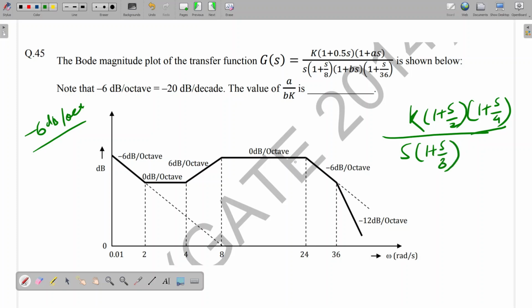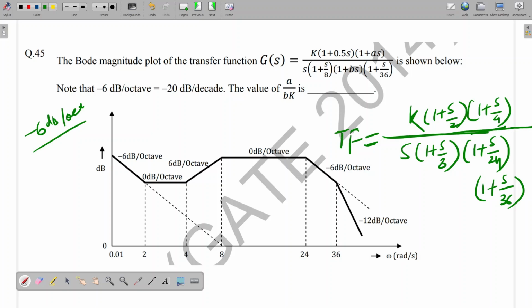Again at 24, one pole is coming, so 1 plus S by 24, and at 36 also one pole is coming, so 1 plus S by 36. This formula only I have told. So this is the transfer function. Is it clear up to now how I have written this?